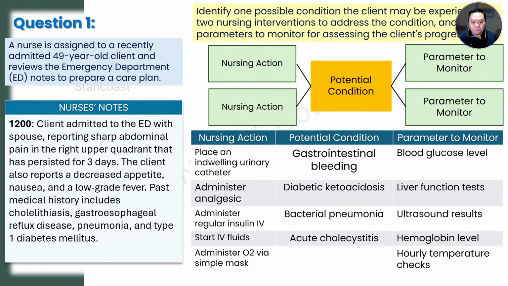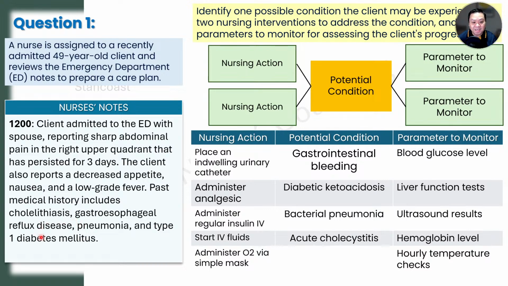So with the other symptoms like decreased appetite, nausea, they don't really help narrow down the condition since they're non-specific. However, we have the low-grade fever, which could indicate the acute cholecystitis or could be bacterial pneumonia. And focusing on the medical history of our patient, the history of choledocholithiasis increases the patient's risk for acute cholecystitis.